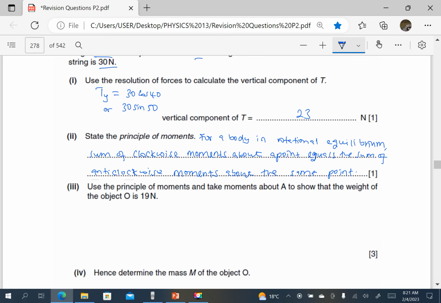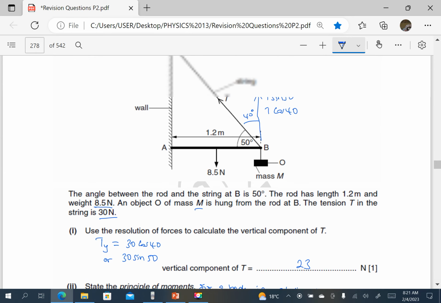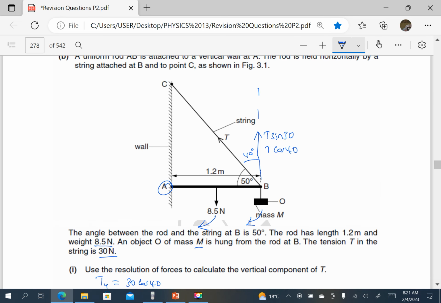Use the principle of moments and take moments about A to show that the weight of the object O is 19. So we are going to take moments about point A. This is going to be clockwise, this is going to be clockwise, and the vertical component of T will be causing an anti-clockwise moment.